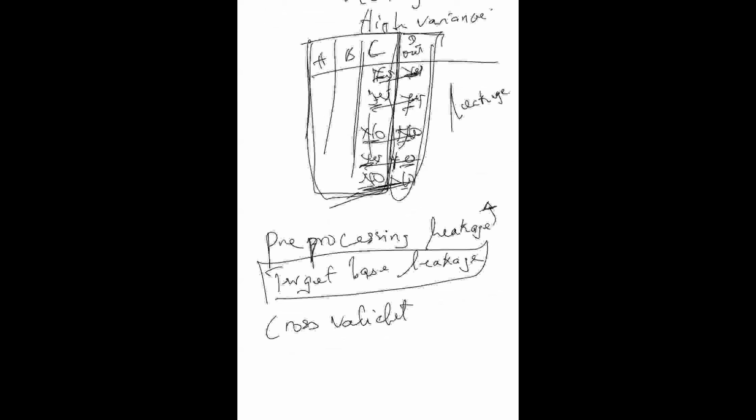I don't want to go into cross-validation in this lecture today because I've already bombed you guys with a lot. So cross-validation is going to be used to solve the problem of target-based leakage.